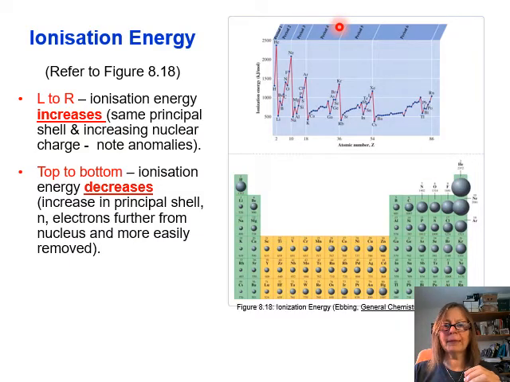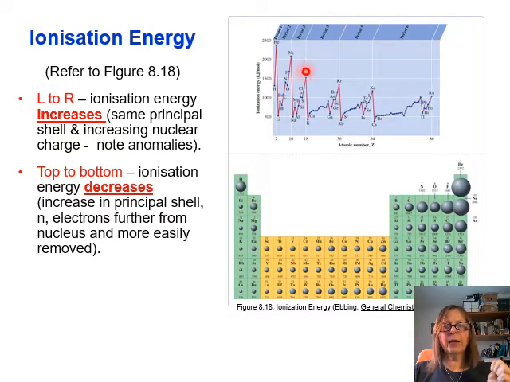It should also make sense to you that alkali metals, group 1A, have the lowest ionization energies, since removing one electron leaves them with the electronic configuration of the noble gas from the previous period.